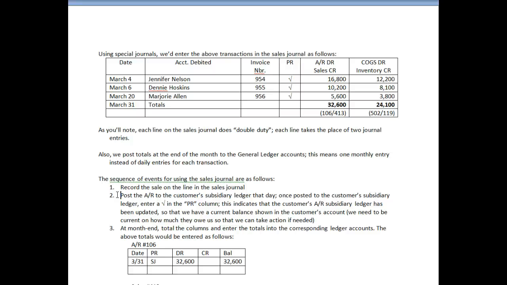Basically, we need to keep track of each customer's balance due and the amount we owe vendors, so we know if we need to follow up with them, or if they give us an invoice, or if they make a payment to us, what invoice we're paying off, so we can keep a current balance of their account with us. So we want to post the AR entries to the customer's subsidiary ledger that day.